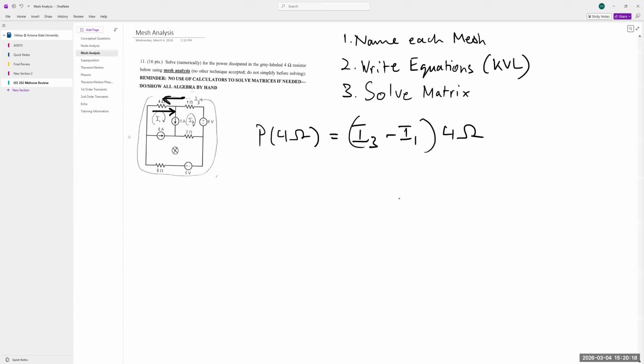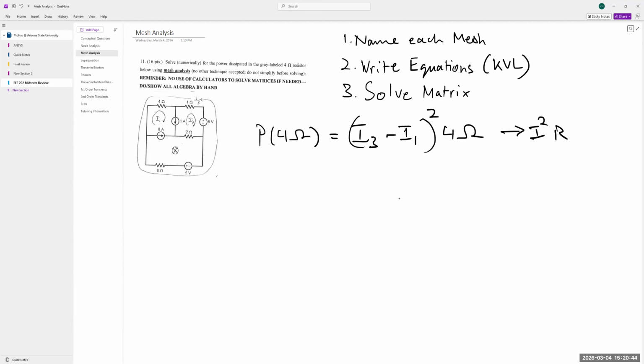They're fighting against each other. So the current that's actually flowing through is going to be the difference between I3 and I1. We're going to square that and multiply it by the resistance. That's the formula we know for power, I squared R. The current flowing through the resistor is I3 minus I1, being squared and multiplied by the resistance. That's going to give us the power.